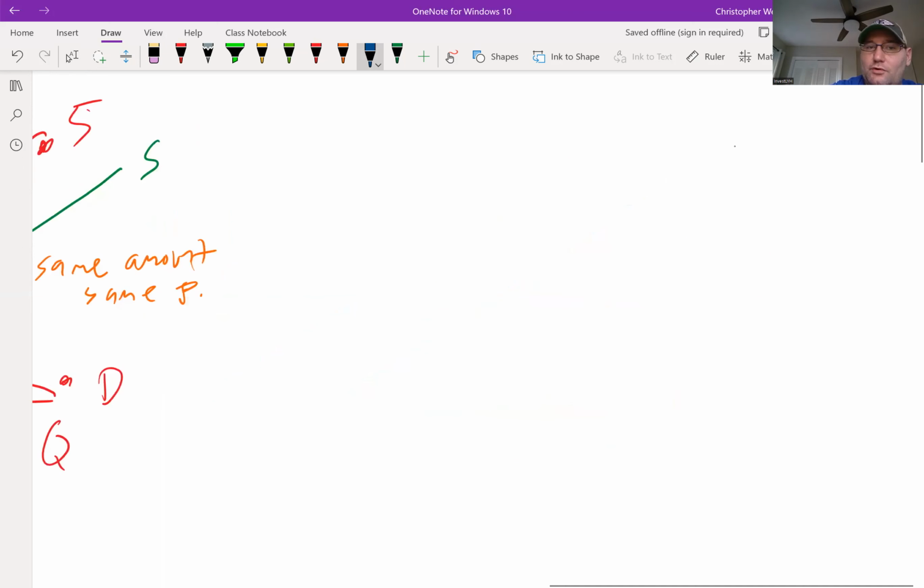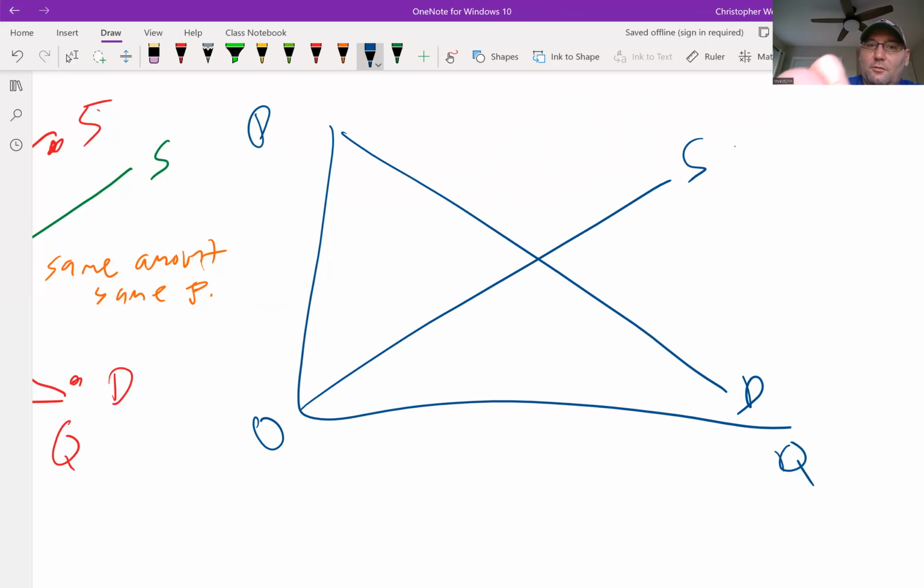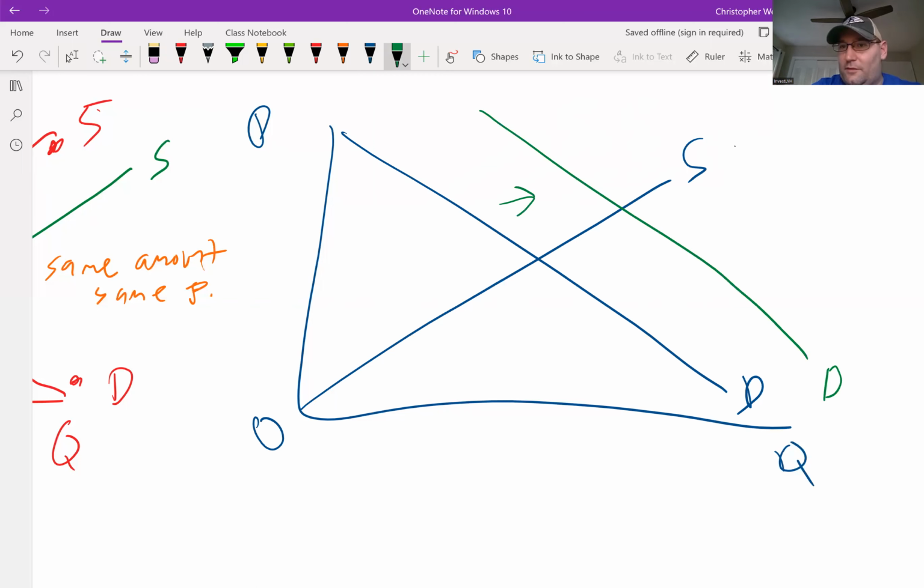Now, the same can be true of demand. So if we were to do another graph, price, quantity, zero, supply, demand, well, the demand can shift. This is what happened kind of after the summer of 2020, right? During 2020, people wanted to buy houses and the supply remained stable. It didn't move very much.